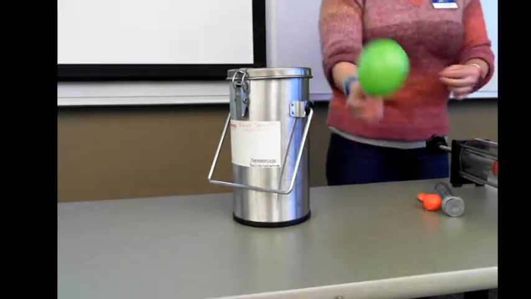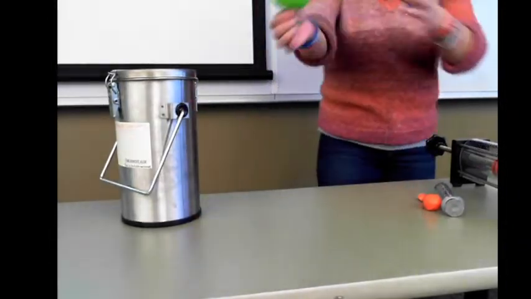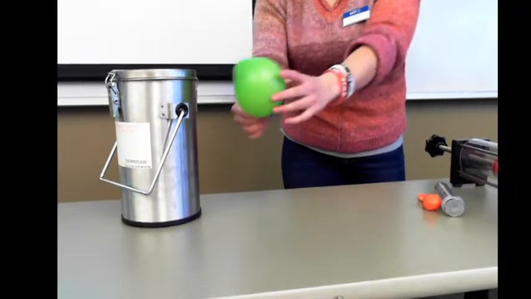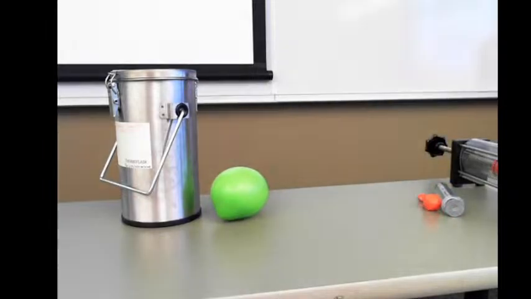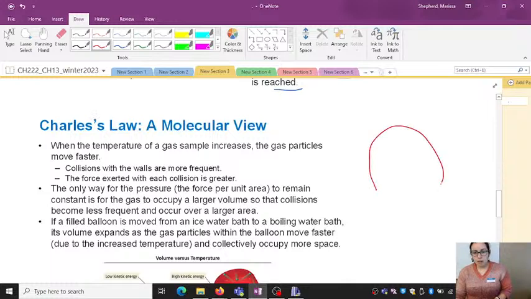So we have our balloon, and first of all, we can think about all the pressure that it's exerting right now. There are, of course, molecules of gas in there. Let me draw this out. In hindsight, I should have made some more scenes for this. We filled it up with air.